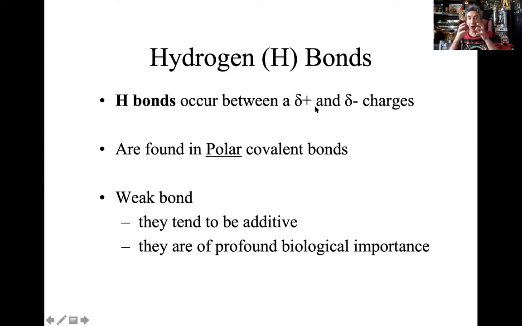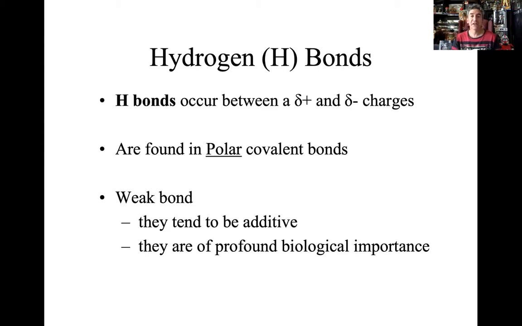So we have one molecule. On one side is going to be delta positive. On the other side will be delta negative. Delta negative on the strong, on oxygen or nitrogen. On the carbon or hydrogen, we would have a delta positive on the weak. So if we have a non-polar covalent bond, we don't have this discussion. There's no hydrogen bonds.